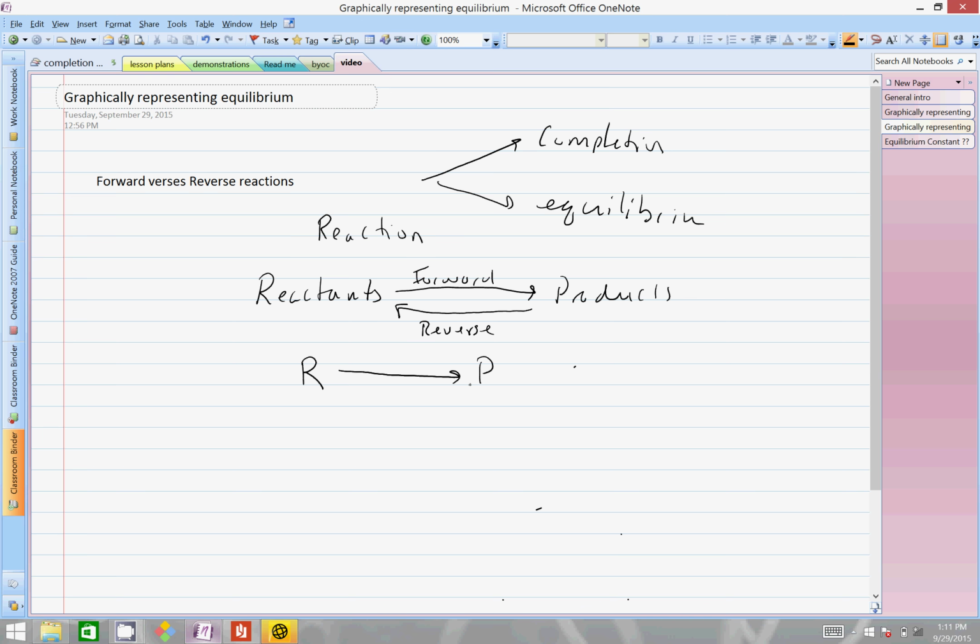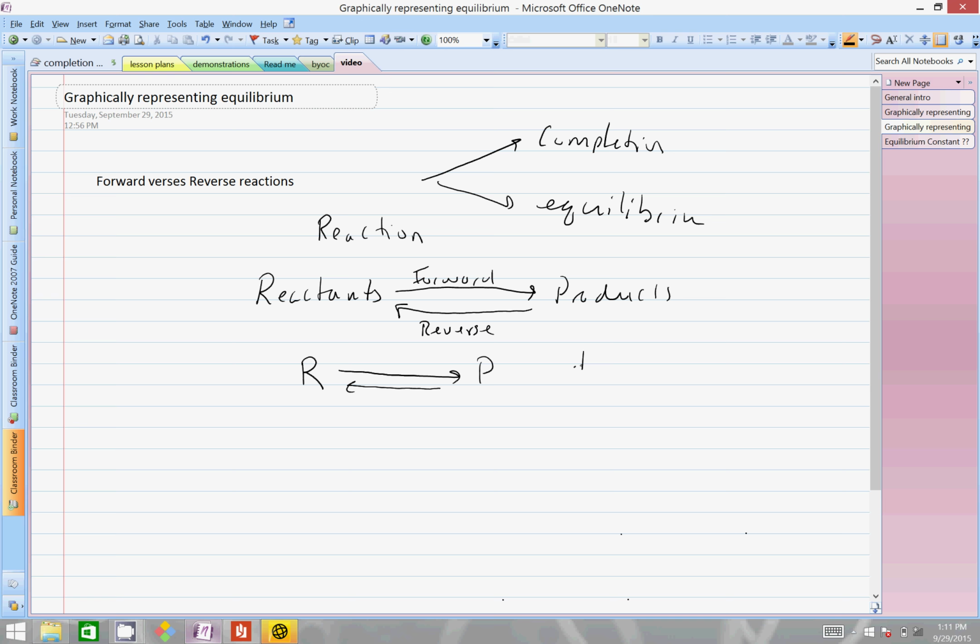There is no reverse reaction. If there is, it's just so small that it's not practically used. So all we have is forward. But it's a possibility that maybe the reverse reaction has some viability.